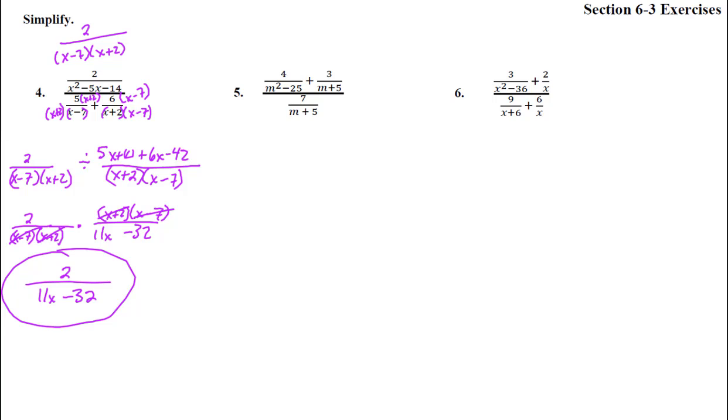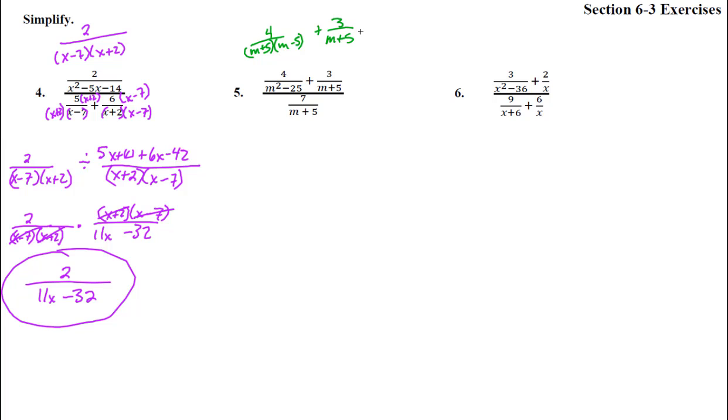Okay, great. Number 5. So factoring everything first, this is really 4 over m plus 5, m minus 5, plus 3 over m plus 5. So this one actually, we need to combine like terms, get common denominators. We don't have like terms yet.